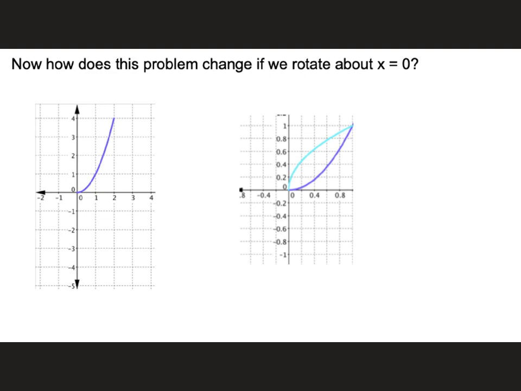And let's see, if we rotate about x equals 0. Ooh, that's spicy. So that's like this. So we're rotating this around that. So, okay. This was the equation, y equals x squared.